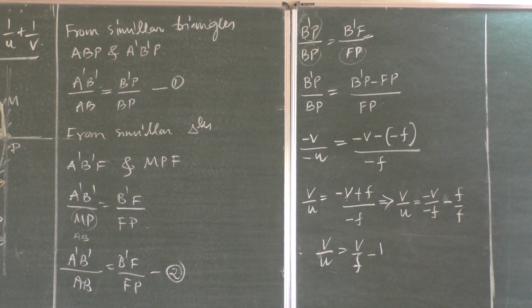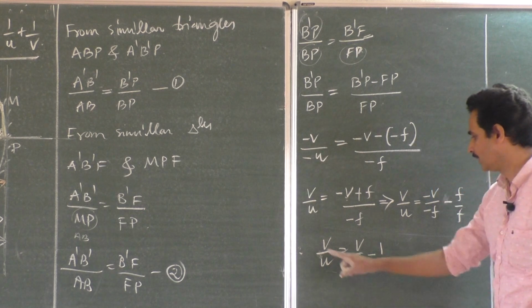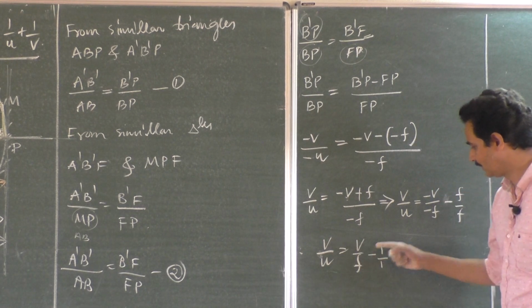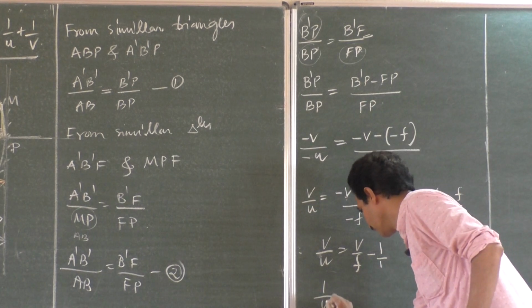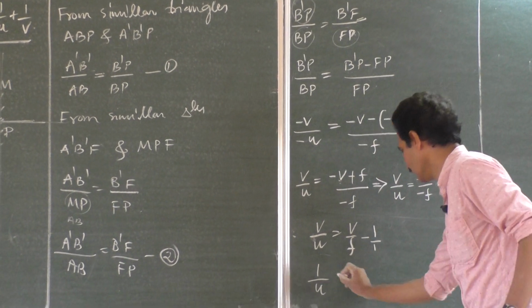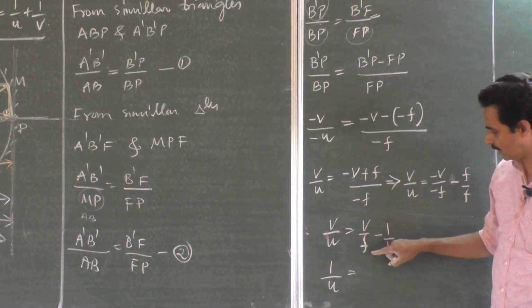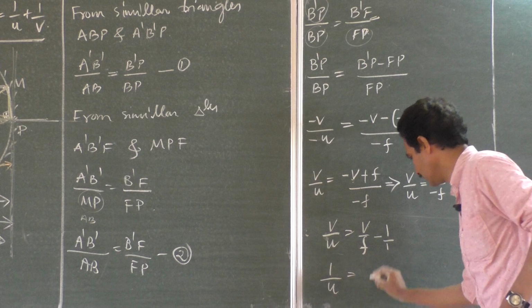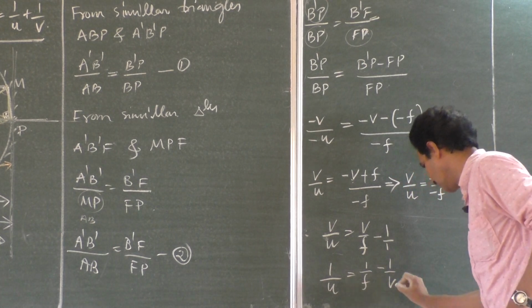Now divide throughout by v, on both the sides. What will you get? 1 by u, and once you divide the left hand side by v, you have to divide the right hand side by v also. 1 by f, and the v gets cancelled, minus 1 by v, right?